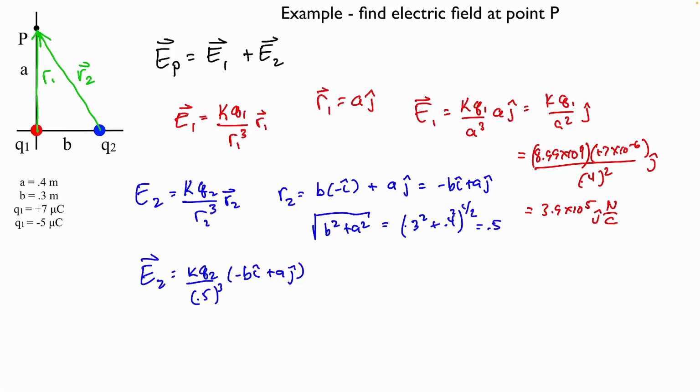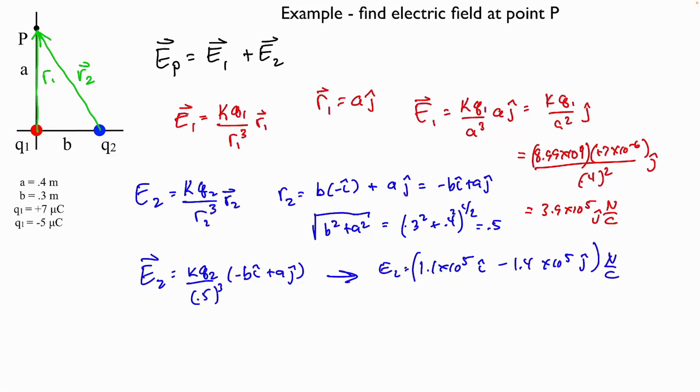So I've got to make sure that I write out all those parts. And I won't put the numbers in there. When I put the numbers in, my E2 became 1.1 times 10 to the 5th I hat minus 1.4 times 10 to the 5th J hat. And that's all newtons per coulomb.